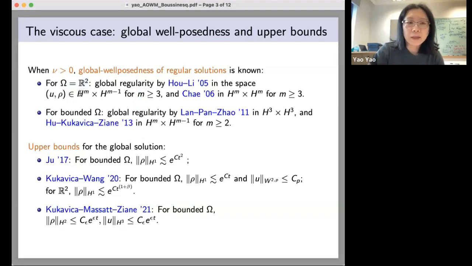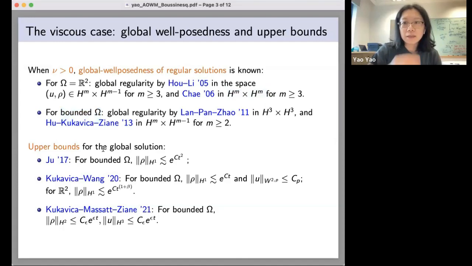There have been different global existence results depending on the Sobolev spaces used. But for those of you who are not in PDEs, you can basically think of it as: as long as initially both the density and velocity are smooth, there exists a solution for all times and it remains smooth for all times. A similar result is also known if the domain is a bounded domain.